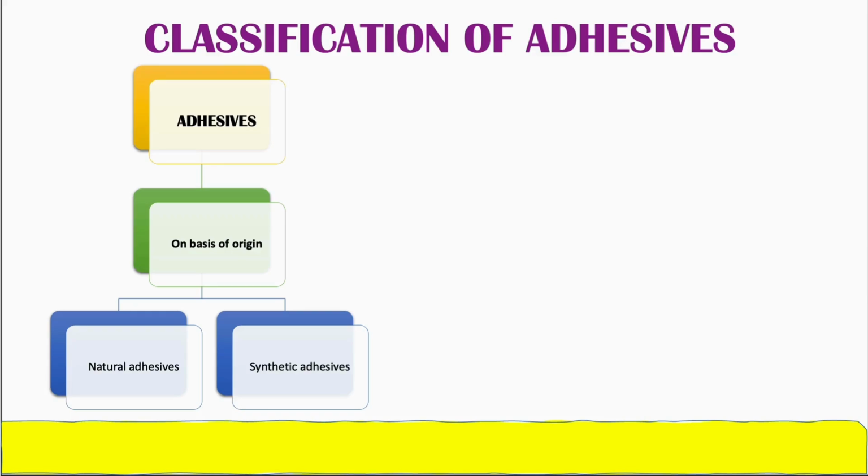We can also get glue from casein, which is made of skimmed milk, because the main component of casein is the protein contained in cow milk. The third category can be fish glue, made up of fish skin, which contains the protein collagen.